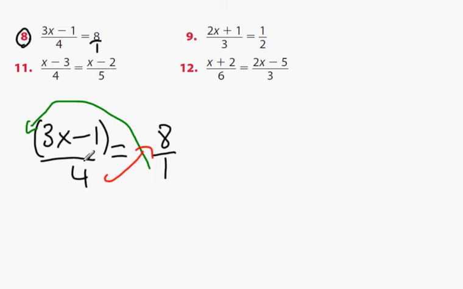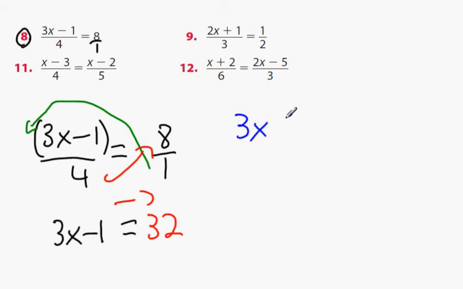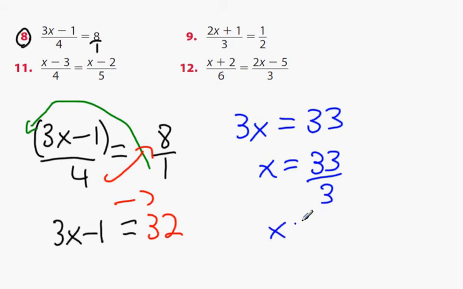Now what's 1 times 3x minus 1? 8 times 4? 32. Bring over the 1. What do we get? Equals 33. X therefore is 33 divided by 3, which is 11. Okay, handy enough one, right?